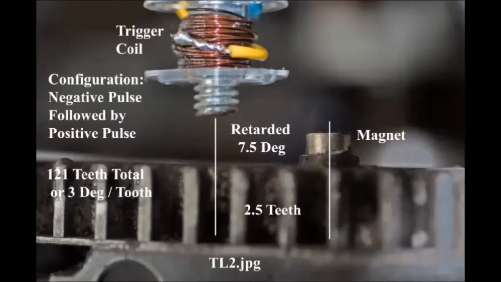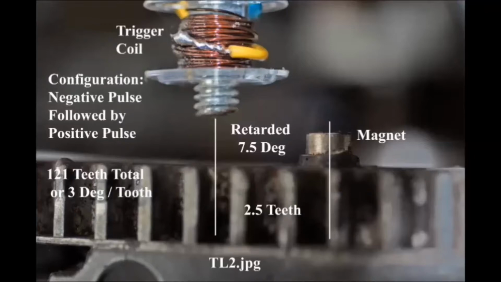So it's very important to use a timing light to make these checks, so you can verify the configuration you have. It's a lot easier than trying to keep track of which way the magnet's facing, which way the wire is turned, and which wire is connected to ground and which to the trigger coil.